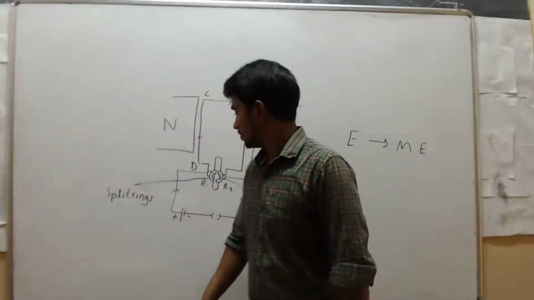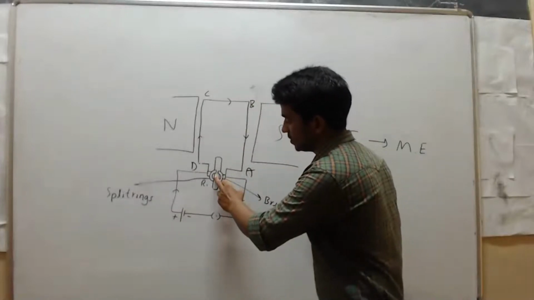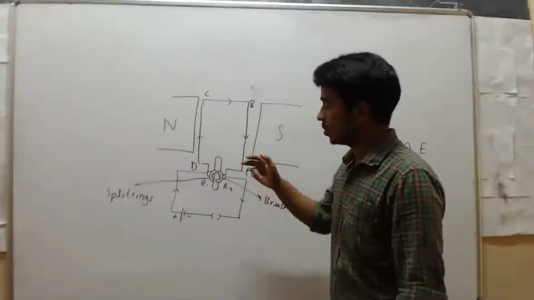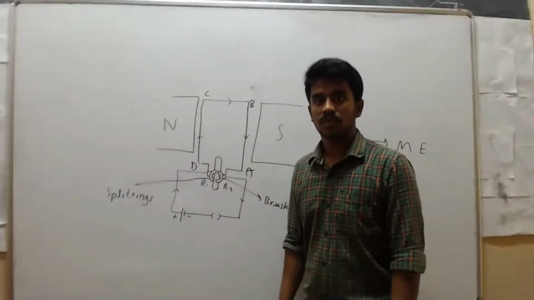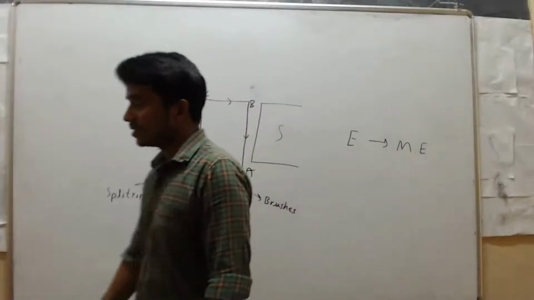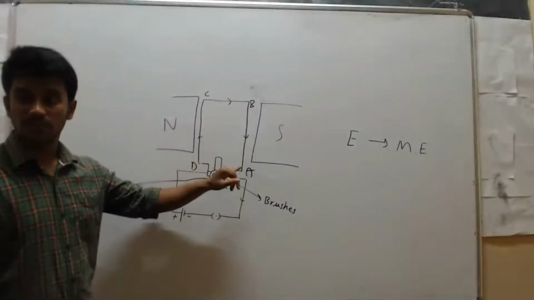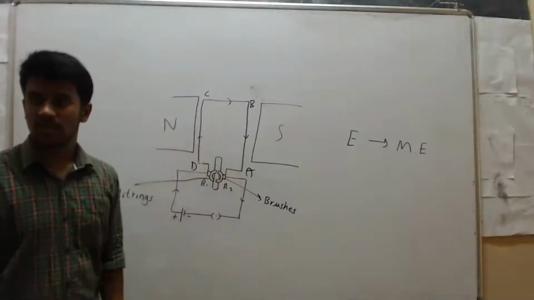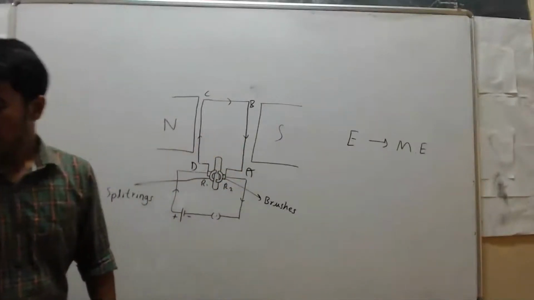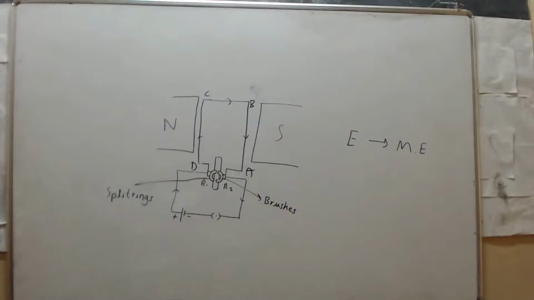Okay. See, then what is the role of these split rings? See here, these split rings rotate with the armature. Just a minute.